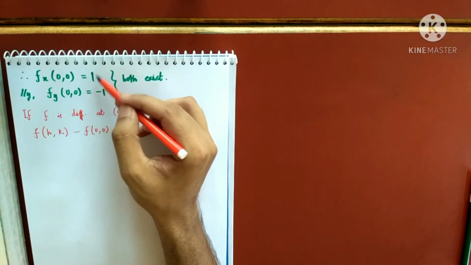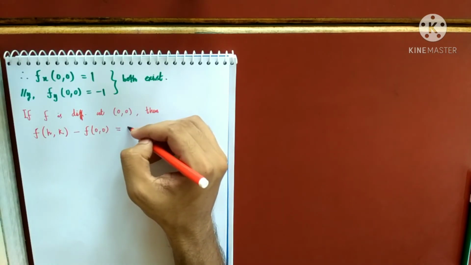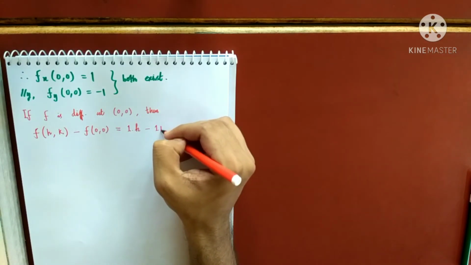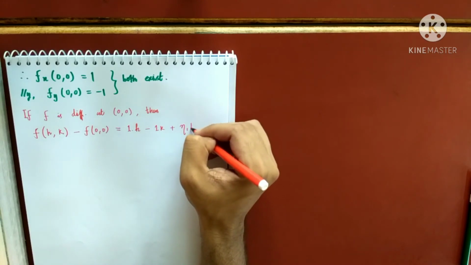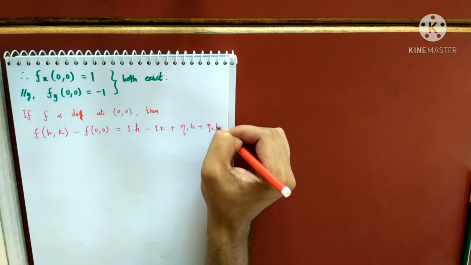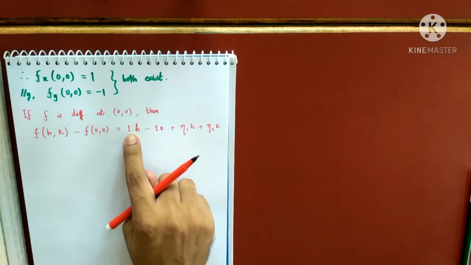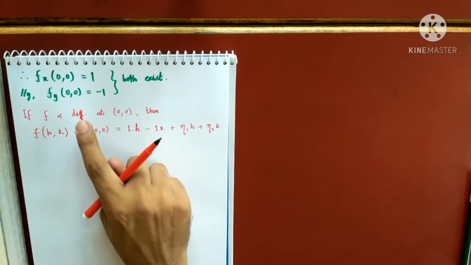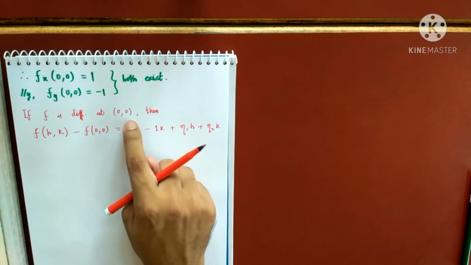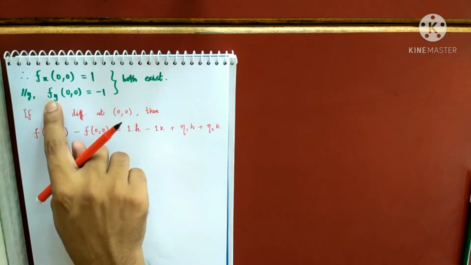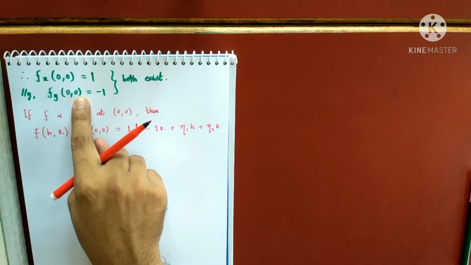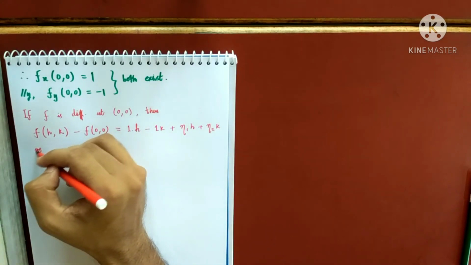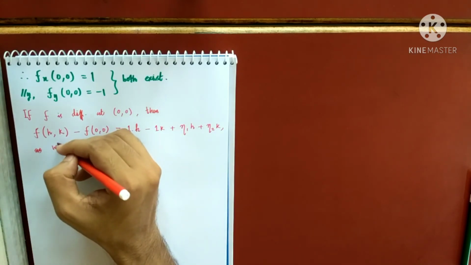So the partial derivative is 1, so 1 into h minus 1 into k plus eta 1 h plus eta 2 k. Did you understand why I wrote 1 and minus 1 here? Because I already said if the function is differentiable, a can be replaced by this number and b can be replaced by this number. A few minutes back I had told you as and where. Did you understand, right?